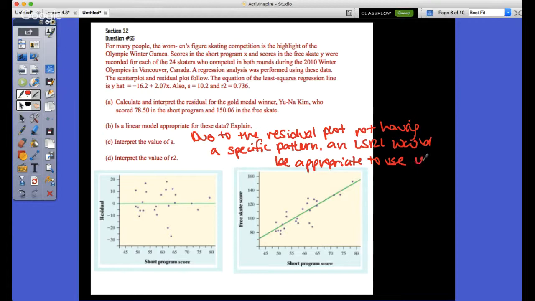Maybe with the scatter plot, to use with regression is fine.